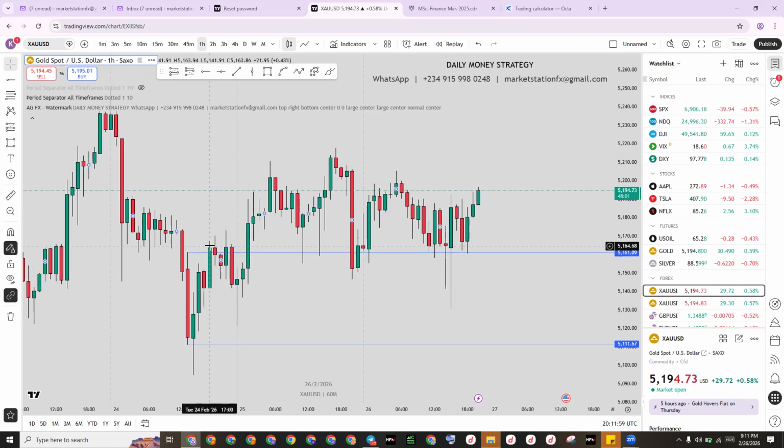The work of this candle is just to touch it, just to eat it. Whether it has a wick or not is not our concern. Our concern is that after this candle has been raided, we are coming to take this one. If you are in this trade, this is your target. So once you hit your target, you are done with it.